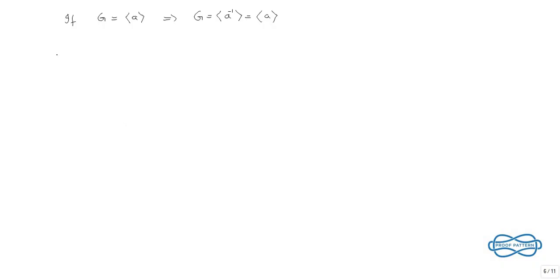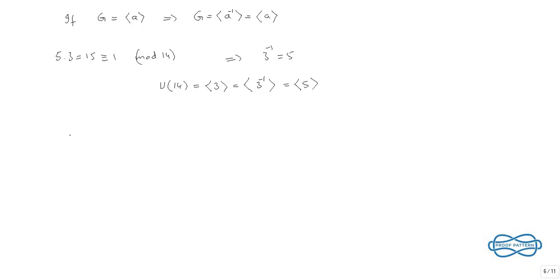Clearly, 5 times 3 is 15, which is congruent to 1 mod 14. This means 3 inverse is 5. We know the group is generated by 3, so it is obviously generated by 3 inverse, and 3 inverse in that group is 5.